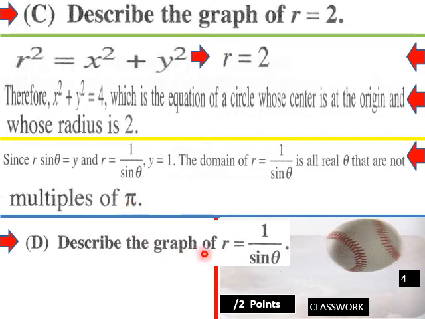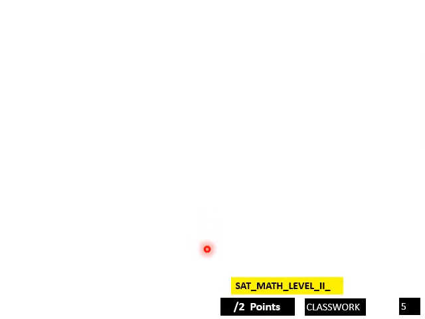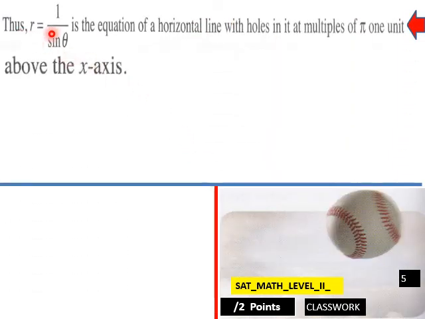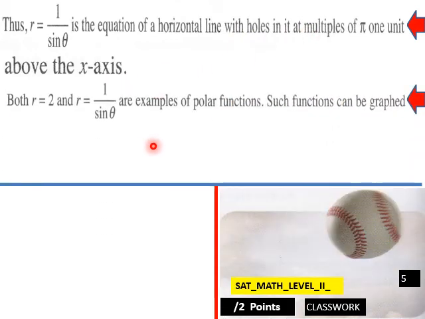So that would be a description of your graph of r equals 1 over sine theta. Thus, r equals 1 over sine theta is the equation of a horizontal line with holes in it at multiples of pi, 1 unit above the x-axis.